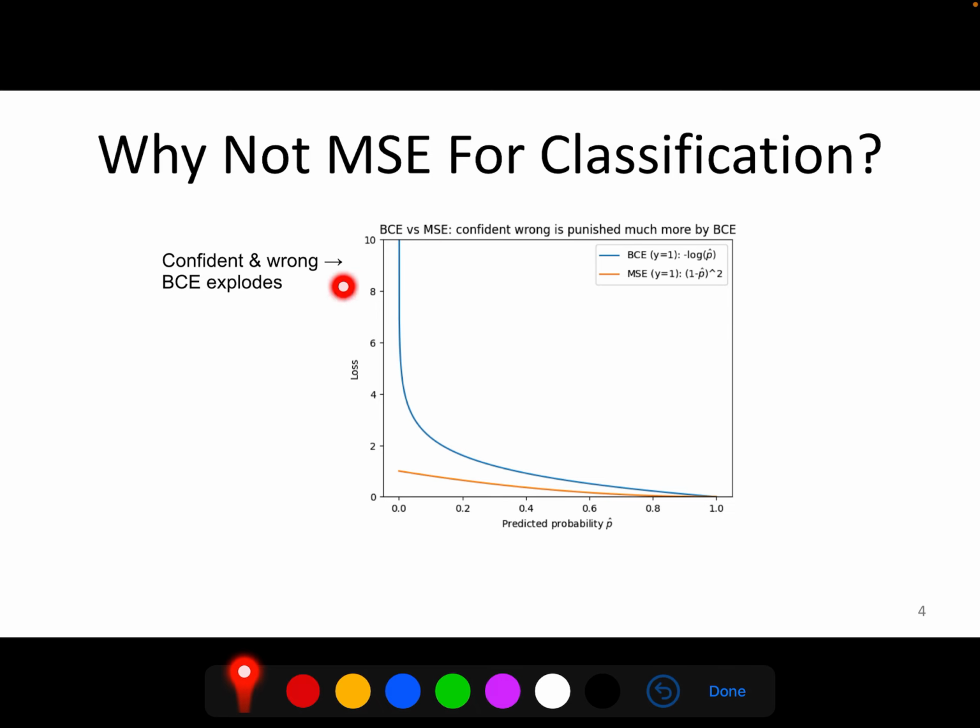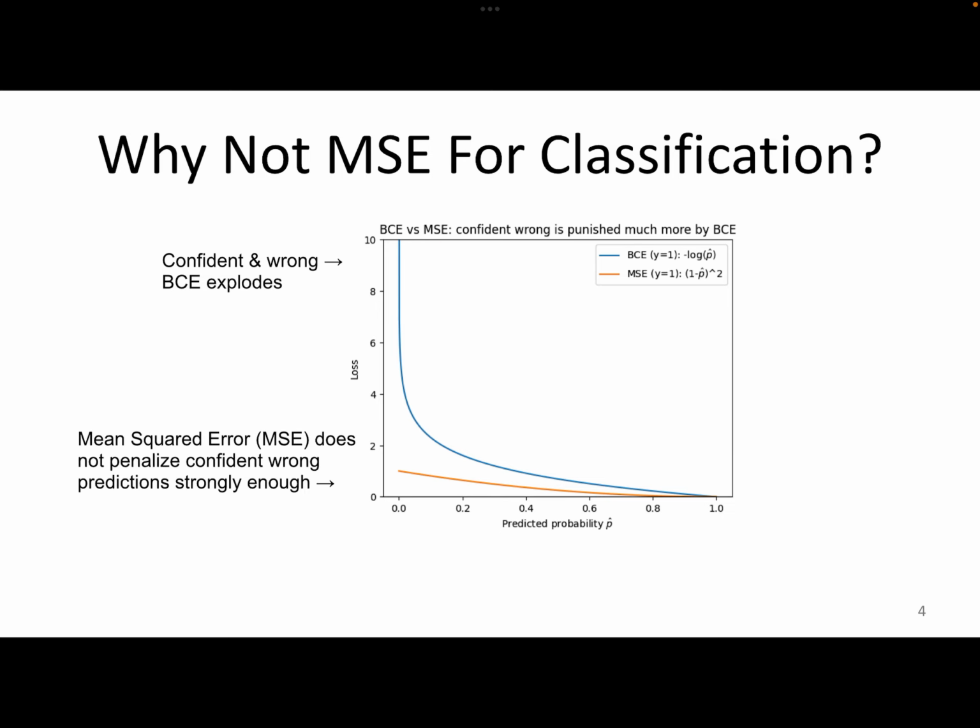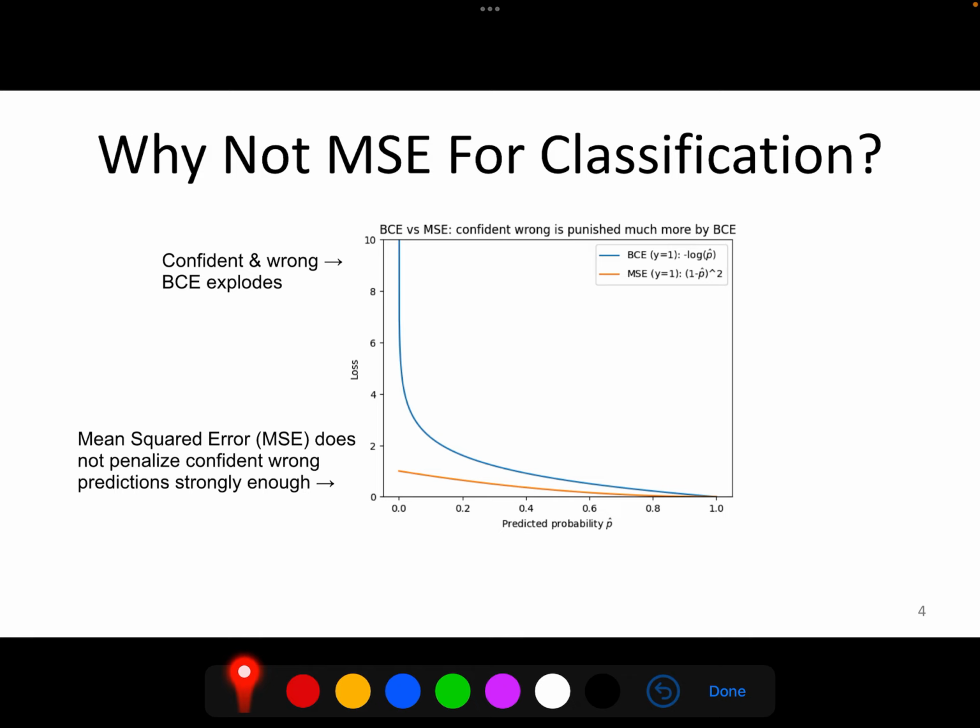The loss becomes very large. However, the MSE barely changes. Classification should strongly punish confident but wrong predictions. That's why we prefer BCE loss over MSE loss for classification.